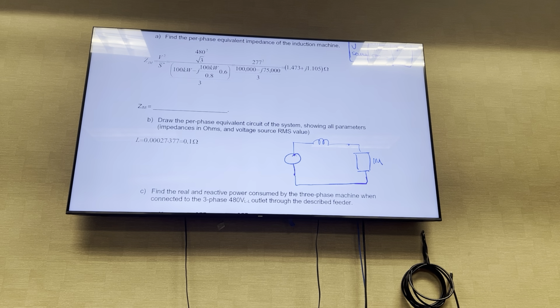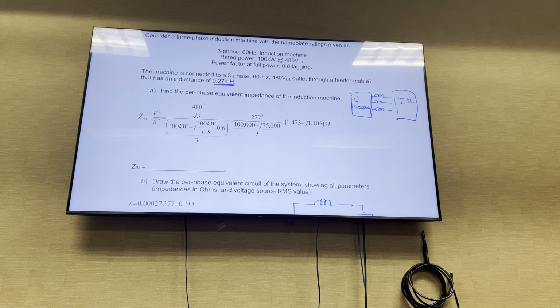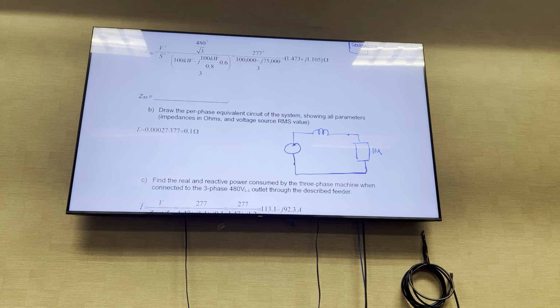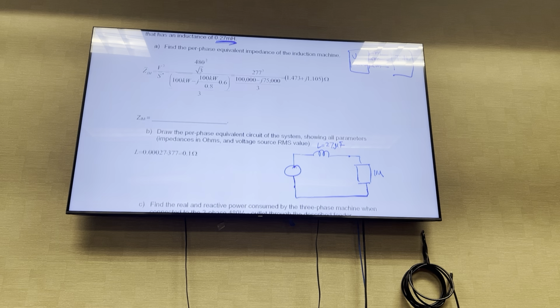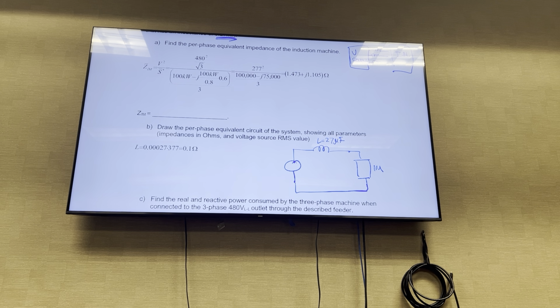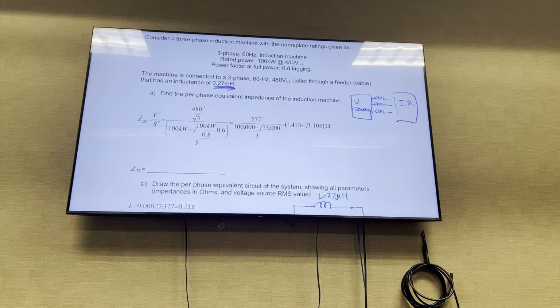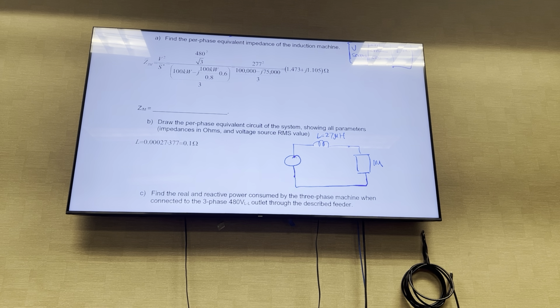Here I'm given the inductance L is 27 millihenry, which is 0.27 Henry.